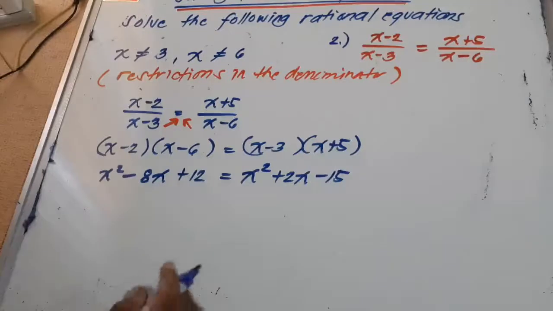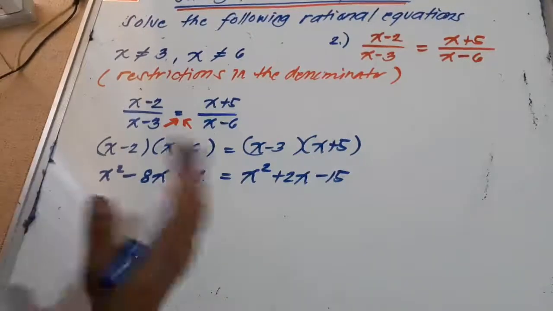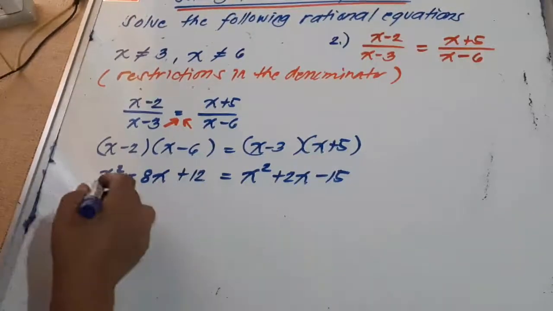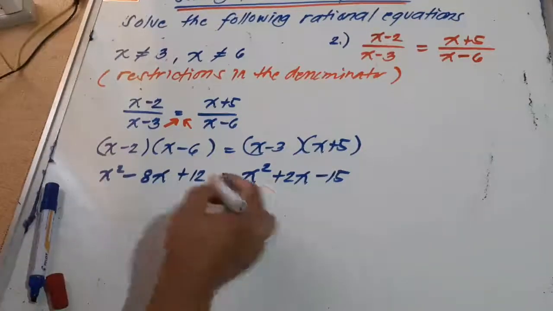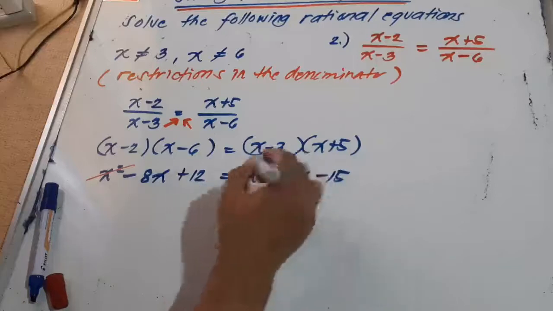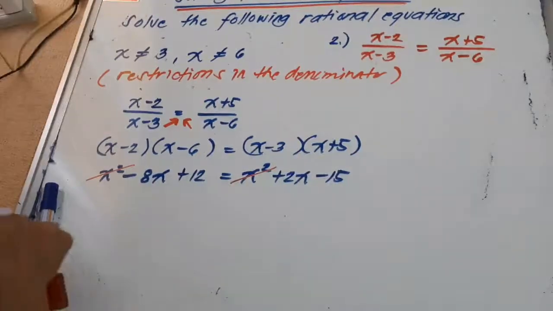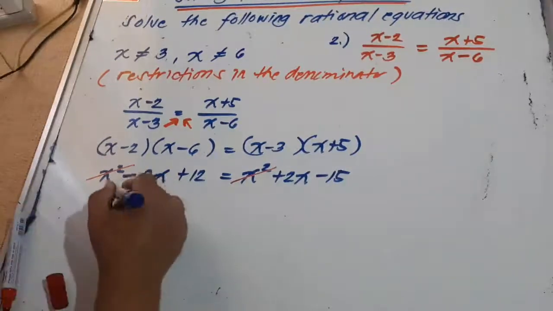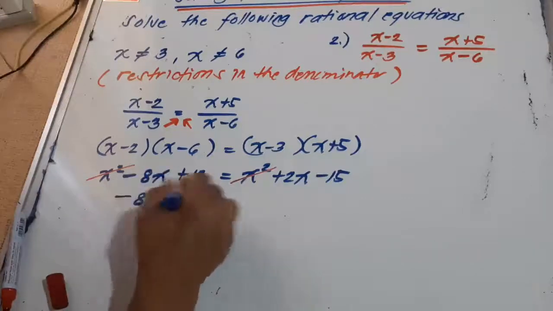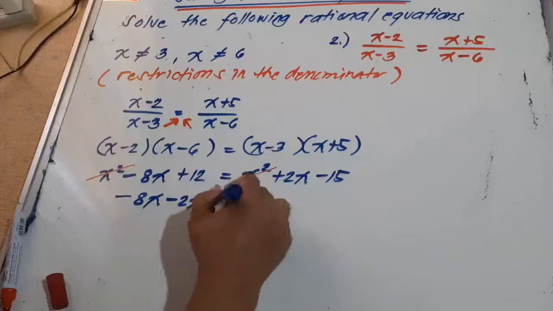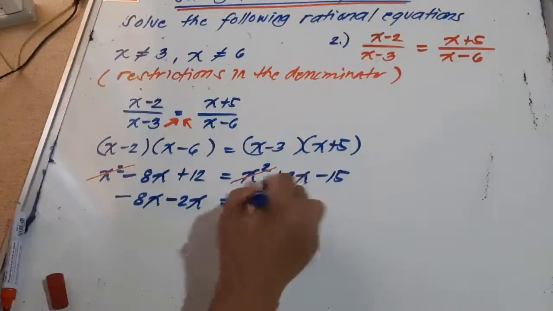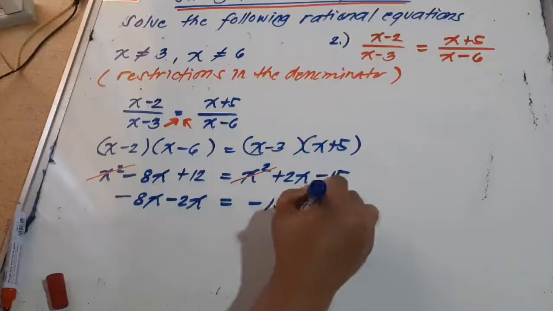And then, lagay natin yung x variable sa left side, constant terms do sa right side. So, pag nilagay natin yung x squared dito sa left side, galing do sa right, may eliminate to. Okay? And then, ang matitira na lang ay negative 8x. Then, transpose 2x, that will become negative 2x. Then, sa right side, we have negative 15, transpose 12, that will become negative 12.